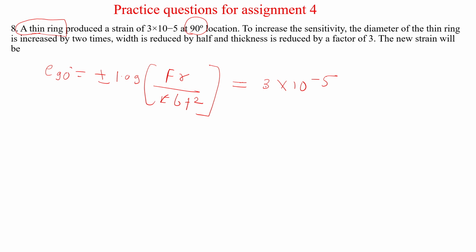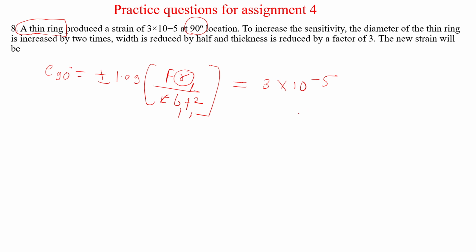Now read properly. To increase the sensitivity, the diameter of the thin ring has been increased by 2 times. This is radius, na? So if diameter is increased, radius also increased 2 times. For example, this is R1, this is B1, this is T1.